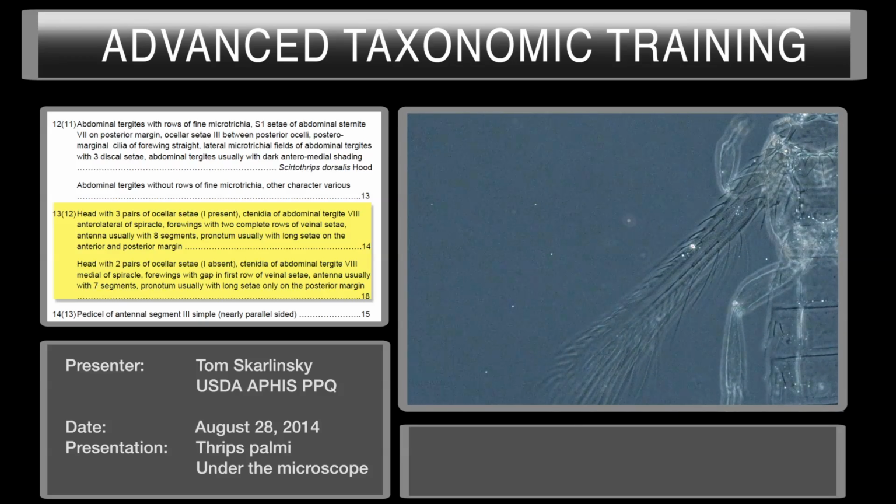So our unknown here, we'll notice that basally on the wing, on the first vein, so here's the first vein, and then along here is the second vein. We have a nice row starting here, and then there aren't any setae, and then one appears here. As we get our focal plane, we have a few scattered ones here.